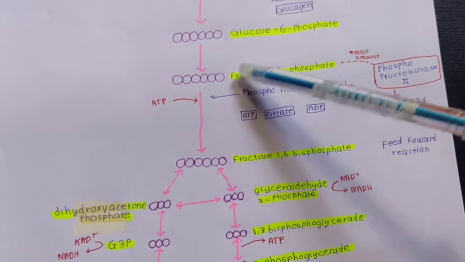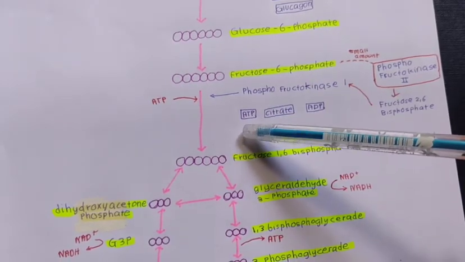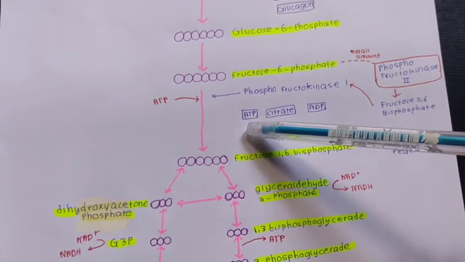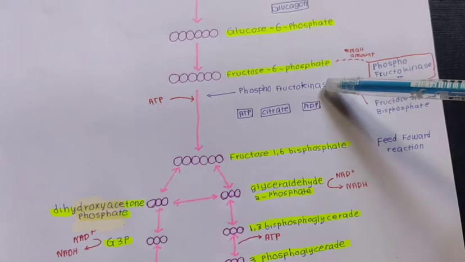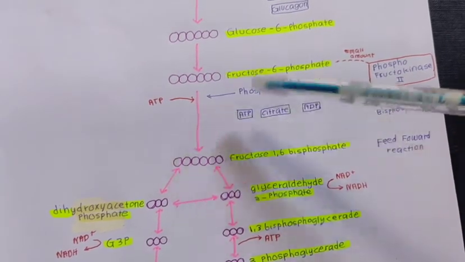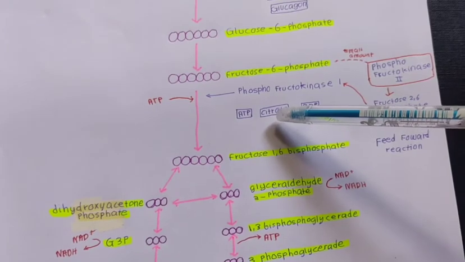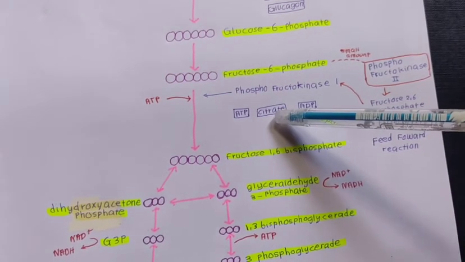So, if this process produced enough ATP for our body, then the ATP can inhibit this enzyme phosphofructokinase 1 to reduce the process.